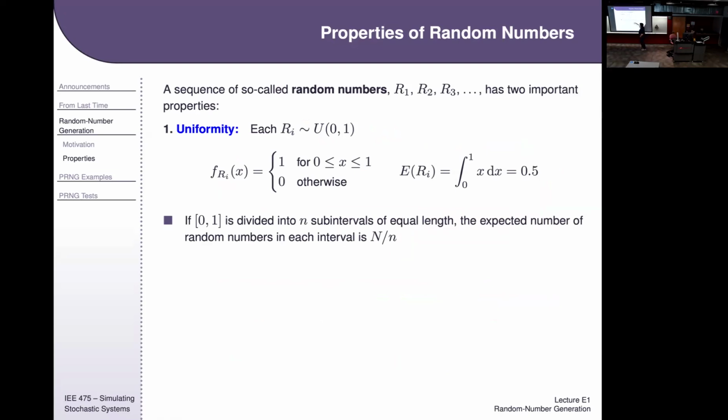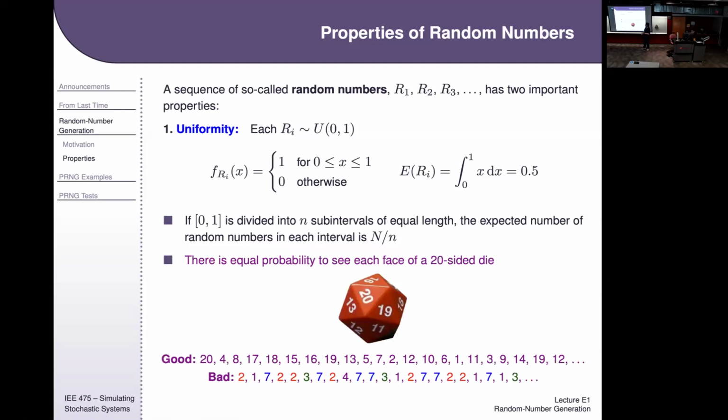A way to test that is to say, if I divide my interval into smaller subintervals and then count how many of my produced random numbers fall into those subintervals, there should be approximately the total number of random numbers drawn divided by the total number of subintervals in each bin. And if I can meet that, within some allowable tolerances, then I'm pretty happy that this is uniformly distributed.